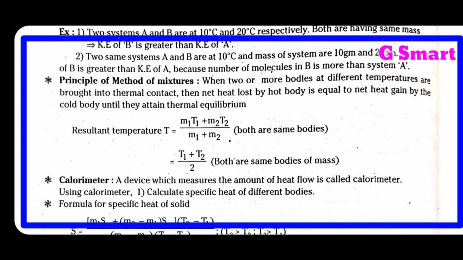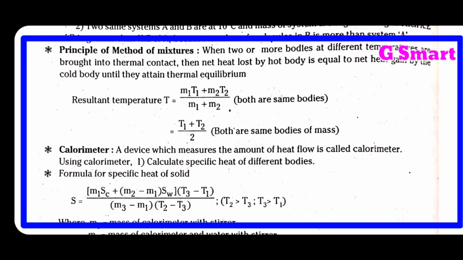Resultant temperature T is equal to (M1 T1 plus M2 T2) by (M1 plus M2), where M1 and M2 are masses of the two bodies and T1, T2 are the temperatures of the bodies. If masses are equal, the resultant temperature T is equal to (T1 plus T2) by 2.